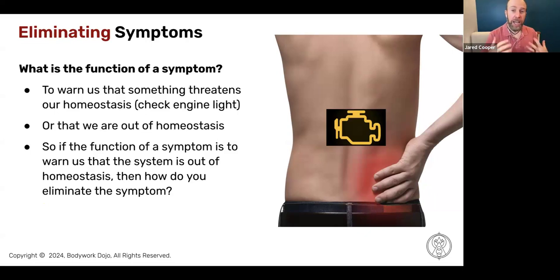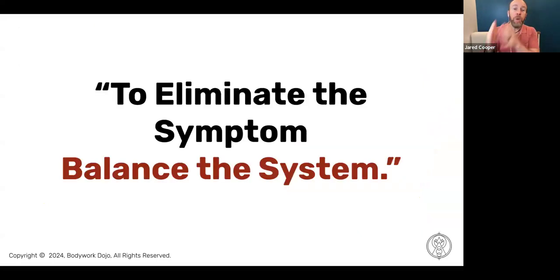But oddly enough, clients come in and what do they complain about? Their symptoms. They want you to get rid of the symptoms. But the symptoms aren't the problem. Of course, what's the problem? The problem is that something is causing a lack of homeostasis, meaning to eliminate the symptom, we have to balance the system. That is the modus operandi. And that requires assessment of the myofascial system before applying myofascial release.